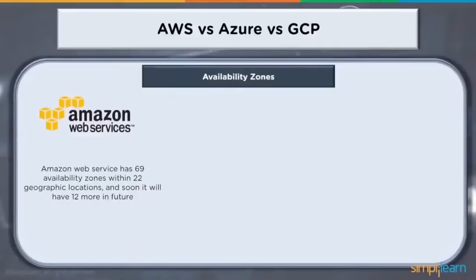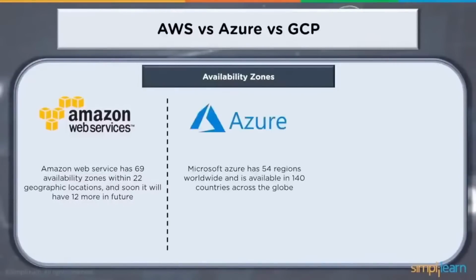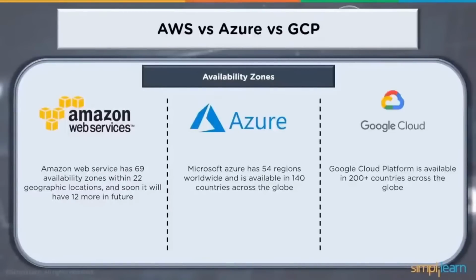This number keeps growing based on the spread of the services a particular cloud provider offers. Here we are talking about availability zone specific information. Microsoft's Azure has 54 regions worldwide and is available in 140 countries across the globe. Google Cloud Platform is available in 200 plus countries across the globe.